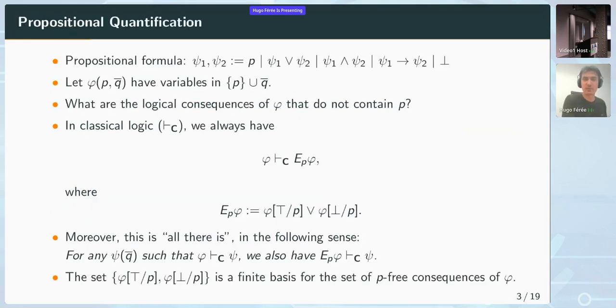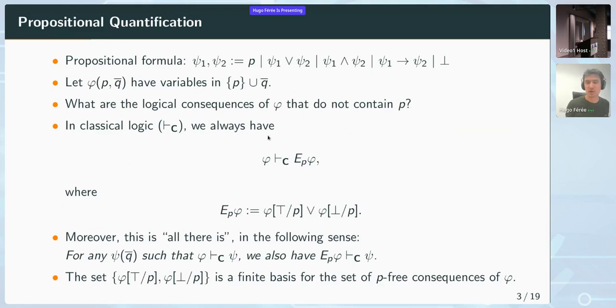Here we're in the context of propositional logic, and propositional formulas are built from and, or, implication, and bottom. The question is, if you have a formula phi which has a special variable p, what are the logical consequences of phi which do not contain p?